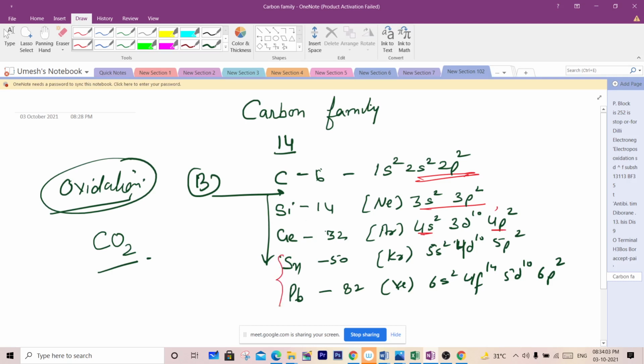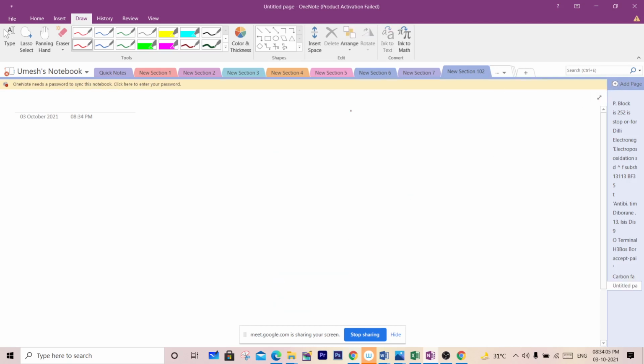But for these two elements here, tin and lead, they form two types of compound: one with the +2 state, other with the +4 state. You can see PbCl2 and PbCl4. Both are possible.